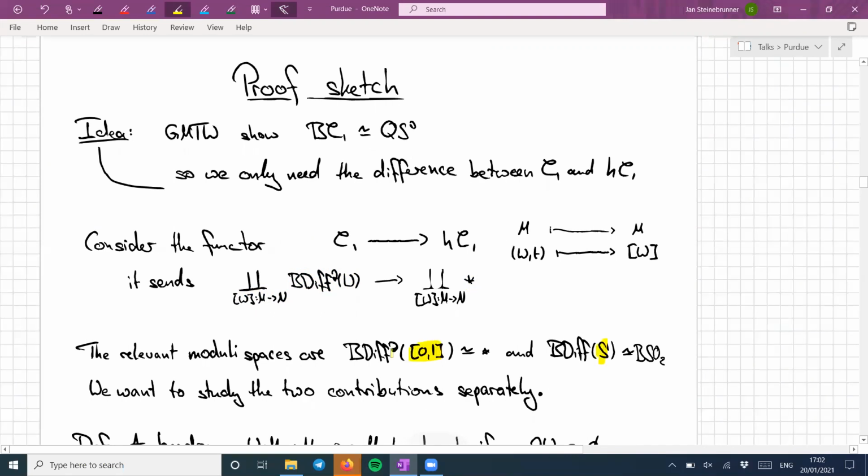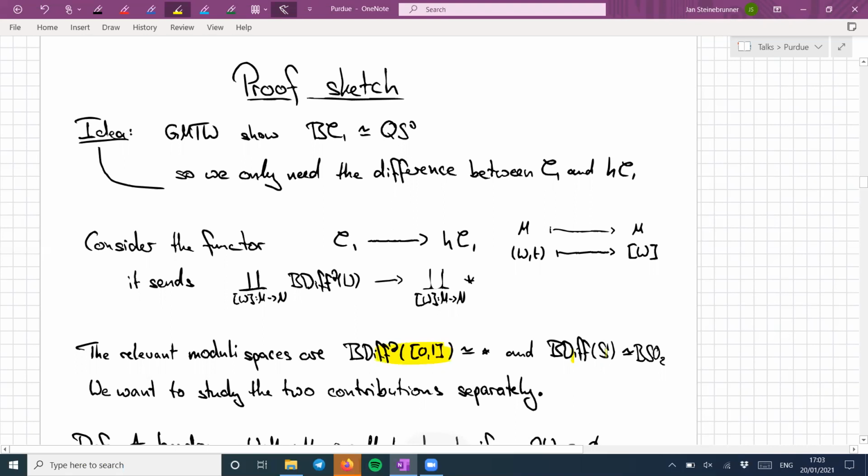And for the interval, the diffeomorphism group that fixes the boundary is contractible, for many reasons. You could say the Alexander trick works in dimension 1, or you can just write down the linear homotopy. So this group, as a discrete group, is probably very interesting, but as a topological group, it's just contractible.